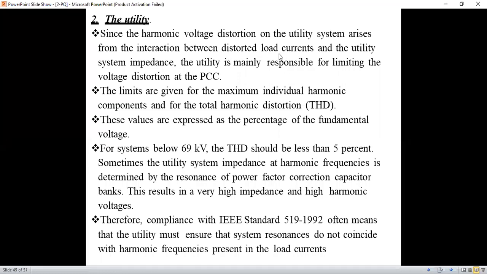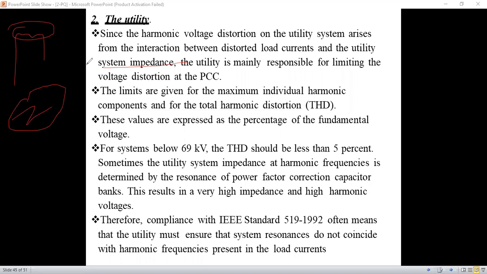The load currents are distorted because of the different inductive and capacitive loads we add. Also, if we add, change, or remove inductance or capacitance, the impedance Z also changes.